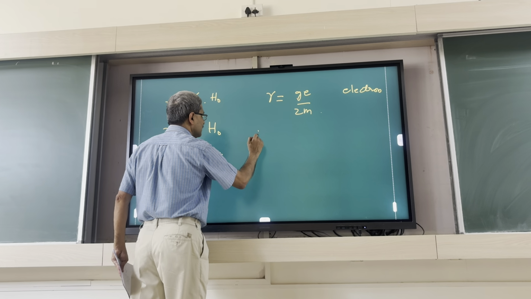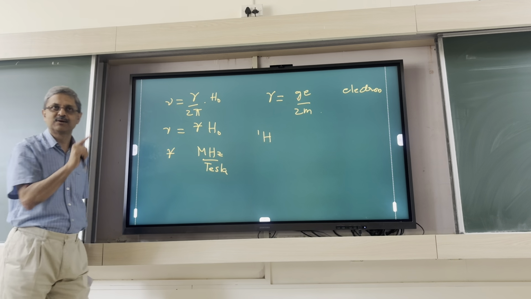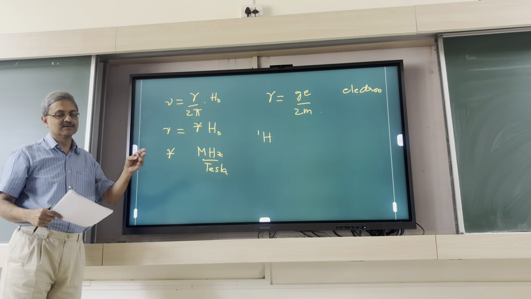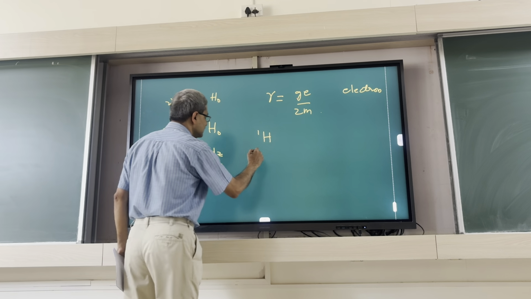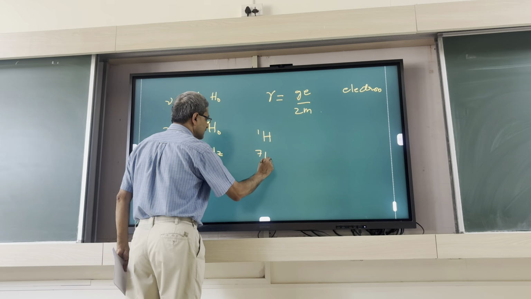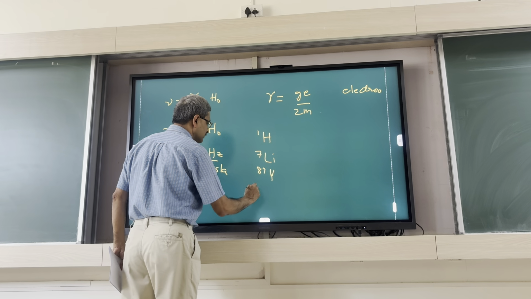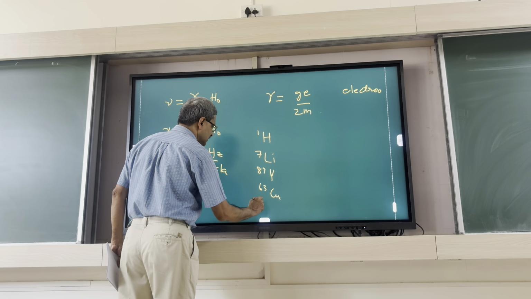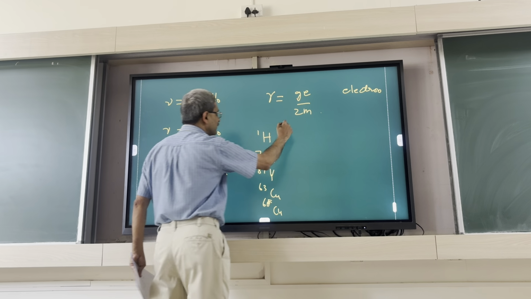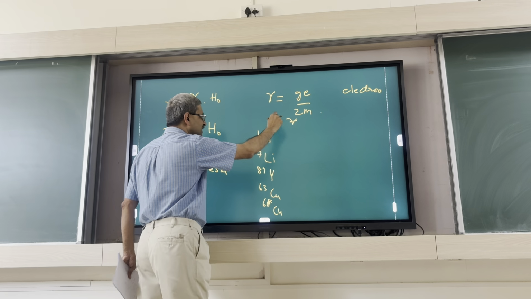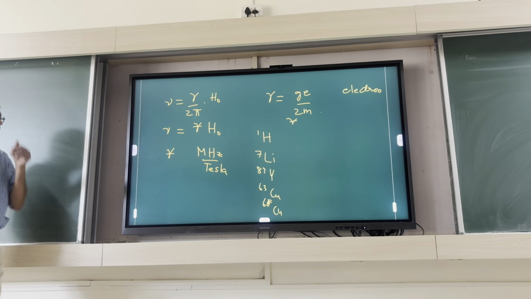You always write the nucleus with a number on the left to indicate the number of protons plus neutrons in the nucleus. So you have 7 lithium, 89 yttrium, 63 copper, 65 copper, and so on. One must tabulate the gamma bar for each of them, and when you're doing an experiment, you need to know this.